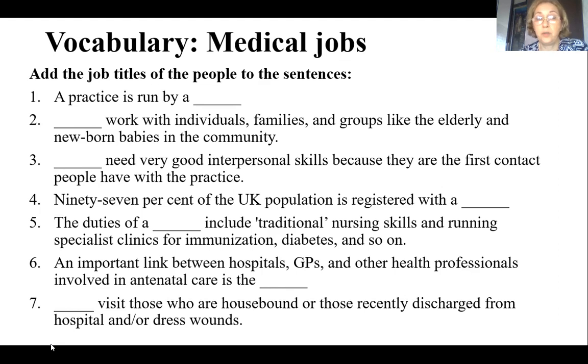And we call this job, what do we call this job? Who can help us? GP. GP, exactly, general practitioner.